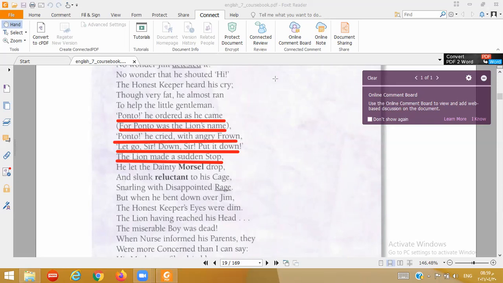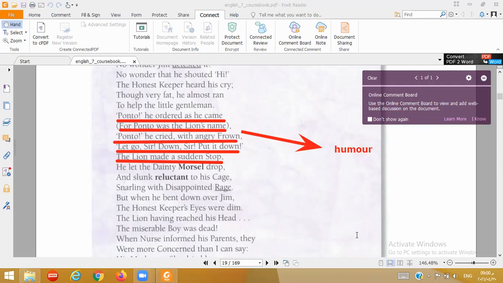It's normal, because if you notice, people who have dogs talk to their dogs like that. That's a sense of humor. Put it down. When you talk to a lion that way, it's humor.